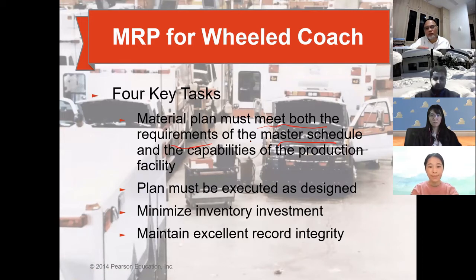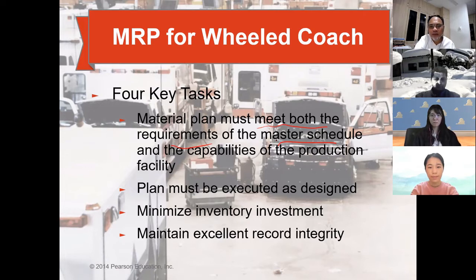So from these 5,000 units, how are you going to meet the demand when you break down into days or daily production? How many tires, for example, do you need to order? When will you need to order the tires, given there is lead time for the tires to arrive? So this is included in the plan.